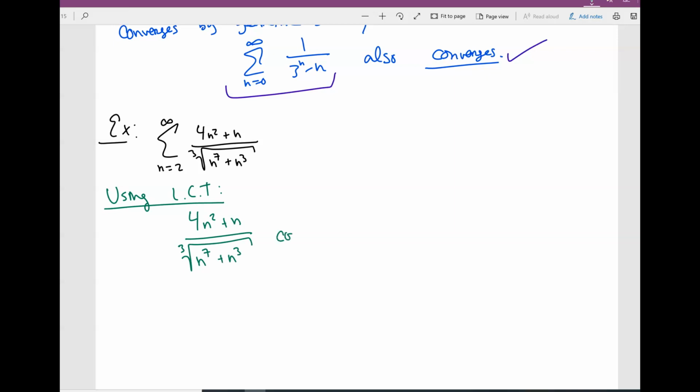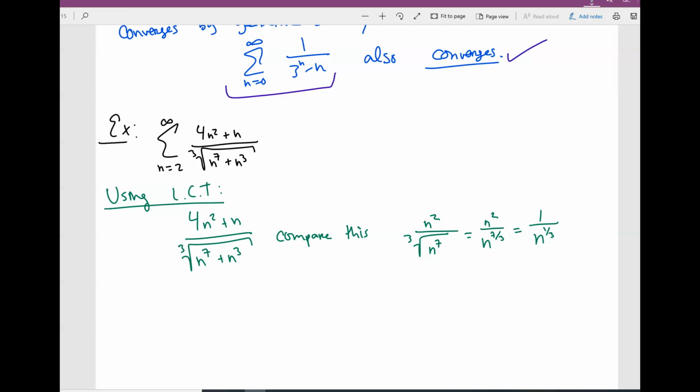One thing that we can try to compare this with is just the leading terms, n squared over the cubed root of n to the 7th power, which is basically n squared over n to the 7/3, and this just gives me 1 over n to the 1/3 if I use some algebra.